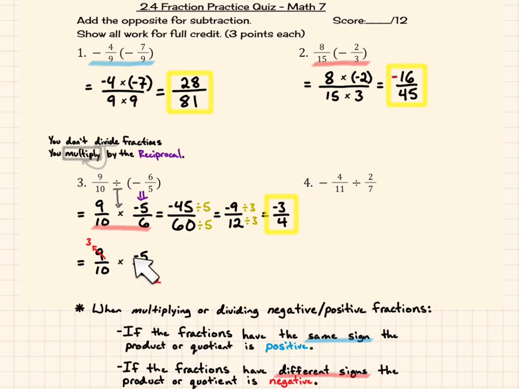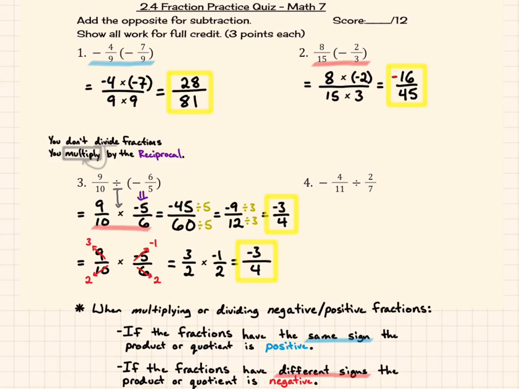Both 10 and 5 are divisible by 5, so I end up with 10 divided by 5 is 2, and negative 5 divided by 5 is negative 1. This gives us an equivalent expression, which would be 3 halves times negative 1/2. And when I multiply across from here, I get negative 3/4. Notice how we get the same answer, but going about it in different ways.